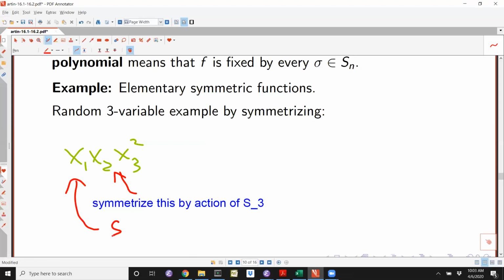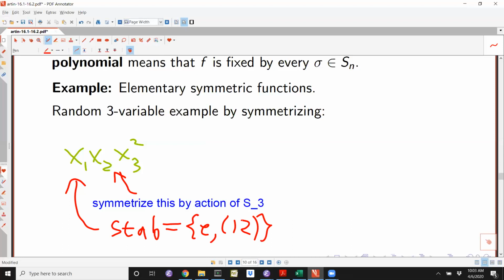Now, what is the stabilizer of this term when I act on this by S3? Well, of course everything's stabilized by the identity, but also if I permute 1 and 2, if I have the transposition 1, 2, that will fix that polynomial, and so that means that the orbit of this thing has at most 3 elements in it.